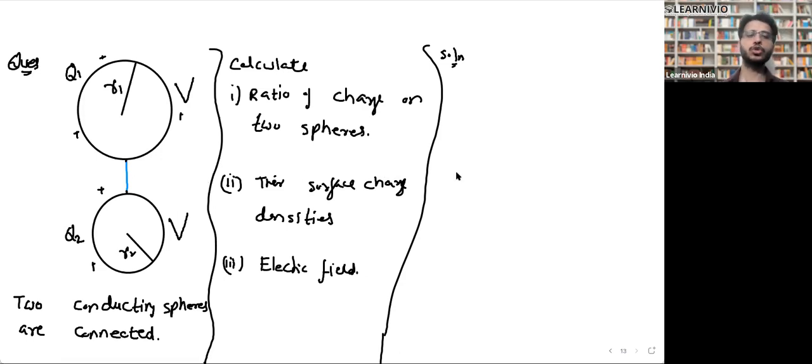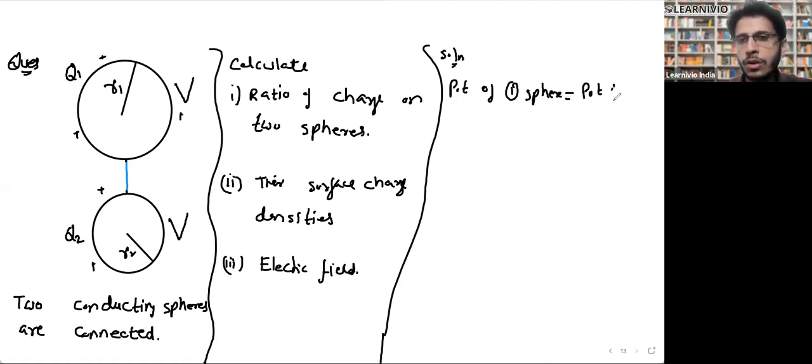See the solution. When you connect these two conductors, which quantity will remain the same, out of charge, capacity, and potential difference? Potential will be the same. So the potential of the first sphere is equal to the potential of the second sphere.